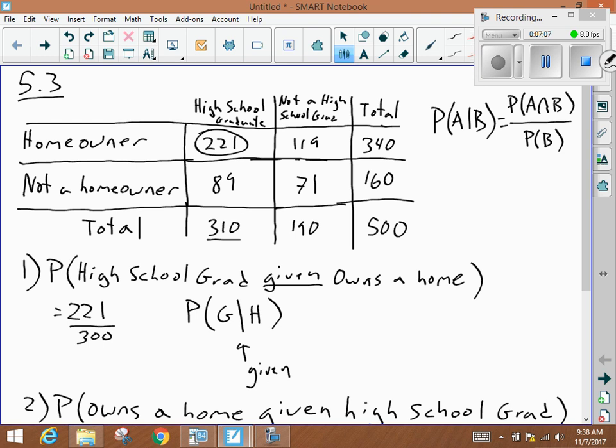If I have the probability of B given A, that's going to be the probability of B intersect A divided by the probability of A. What did we say that this intersect was? Is it or and?